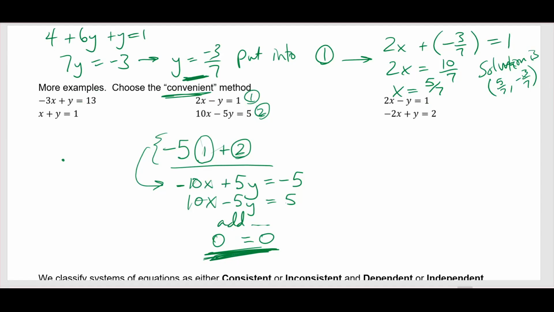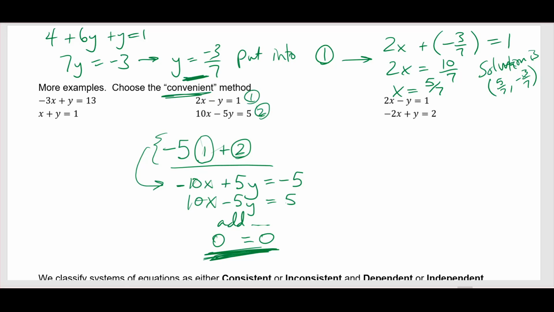This is like our previous example where we had 0 equals 0. This was called an identity, and we had that all the real numbers were solutions. But in this case, that's not going to be exactly what we're talking about here. All the real numbers are not solutions because our solutions are ordered pairs, aren't they?